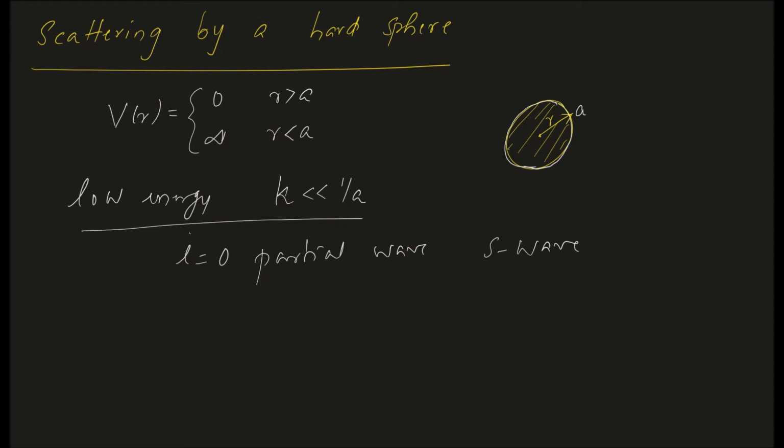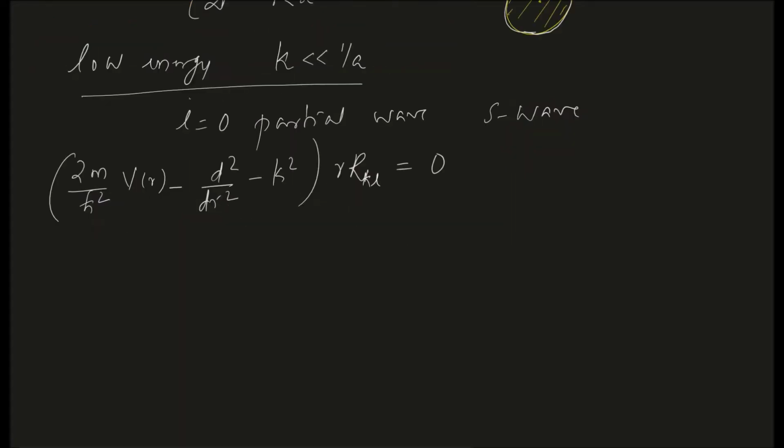Now if you consider the radial part of the Schrodinger equation that we have seen during the development of partial wave analysis, we had an equation something like [2m/ħ² V(r) − d²/dr² − k²] rR_kl = 0.